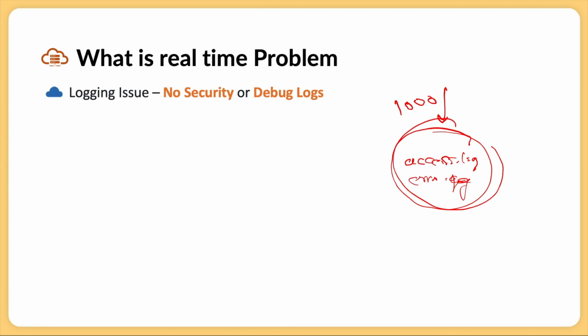We know these logs help us in monitoring the performance of the application, identifying any security threats, or, if there is any problem in the application, we can go ahead and debug it. But when this container gets restarted, we will lose all this data, right?